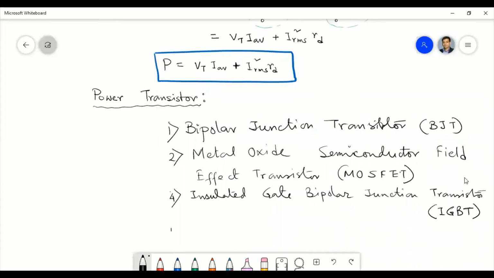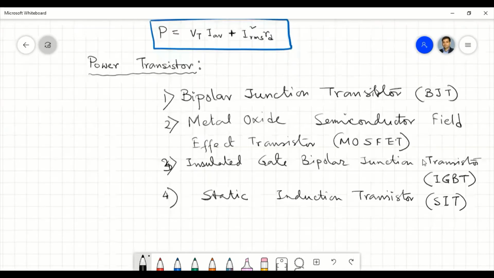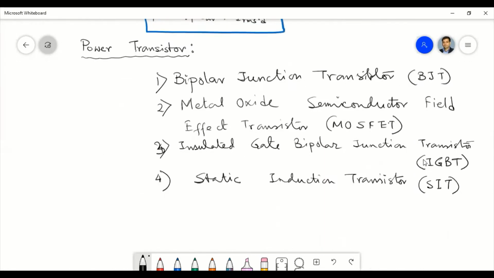And the fourth one is the static induction transistor. These are the most common transistors used in power electronics applications. Now we'll start with the bipolar junction transistor.